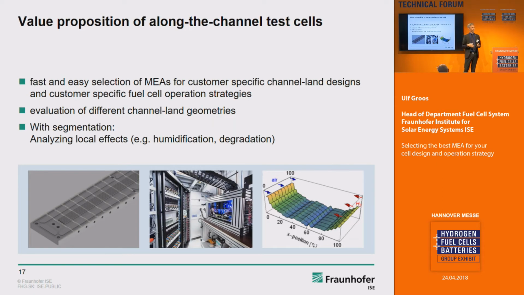You can also use this concept to evaluate different channel land designs because it's more or less easy to manufacture different channel land designs and then look at the effects. And if you'd like to go into more detail, we can also offer a segmentation so that you can analyze the local effects from inlet to outlet of the cell.